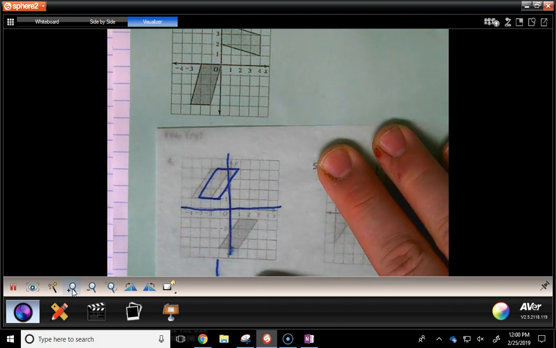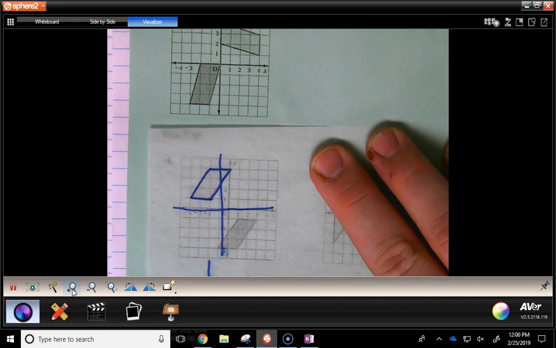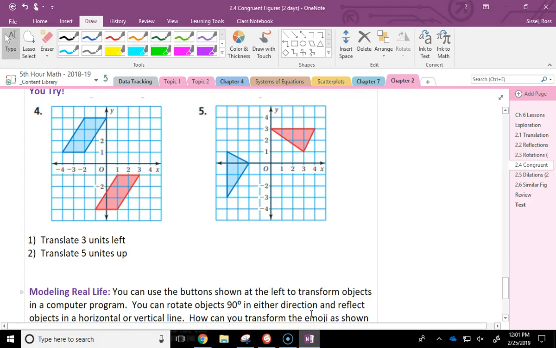So I could say rotate clockwise 180 degrees, then translate left 1 unit. That would have worked. Okay, you guys need to figure out number 5. Figure out how we can translate these 2 triangles. The pink one on the top right to the blue one on the left.